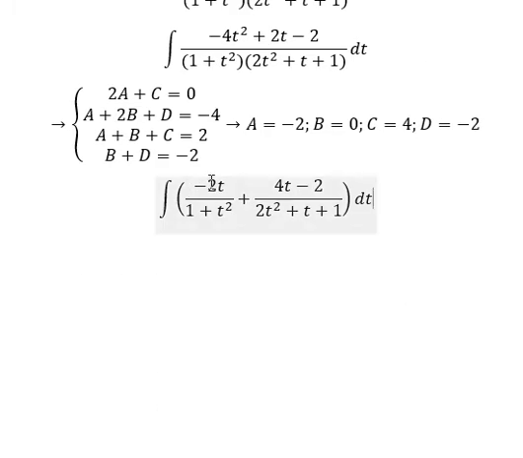The integral of this one, we will get negative ln of the absolute value of 1 plus t square. Now we go to this one.